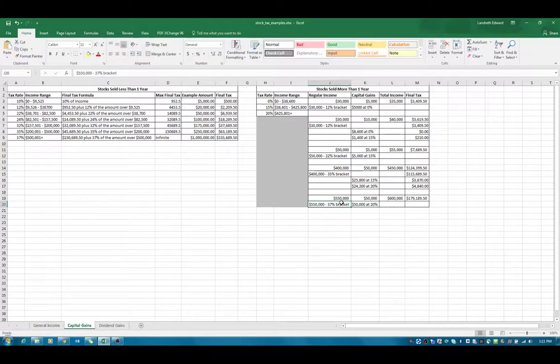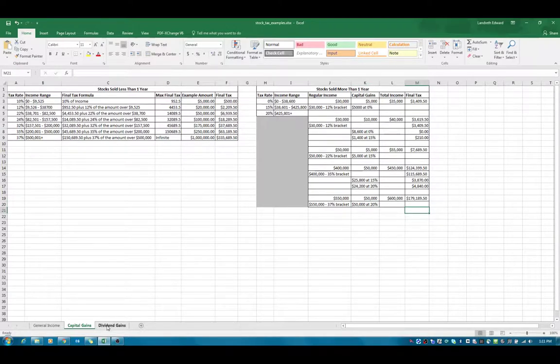But remember, this 37% doesn't mean all 550,000 is taxed at 37%. It means that you progressed through each one of these. So your final would be 150,000 plus 50,000 taxed at 37%, and then your 50,000 taxed at 20% from your stock trade. All right, I hope that made sense.